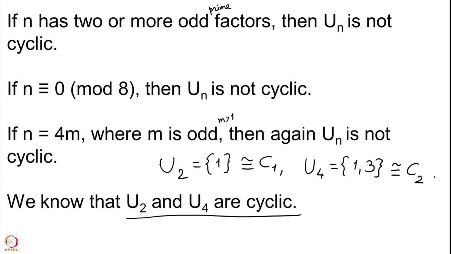So, the only remaining cases now are where 2 divides the number n, no higher power of 2 divides n, and the only other prime factor is a single odd prime.